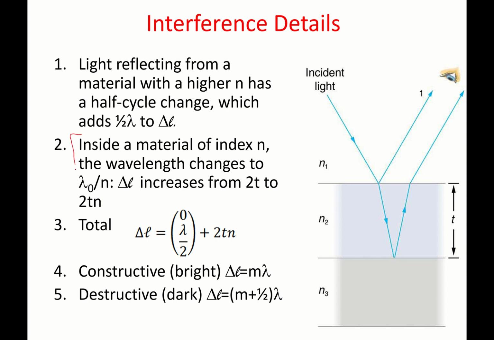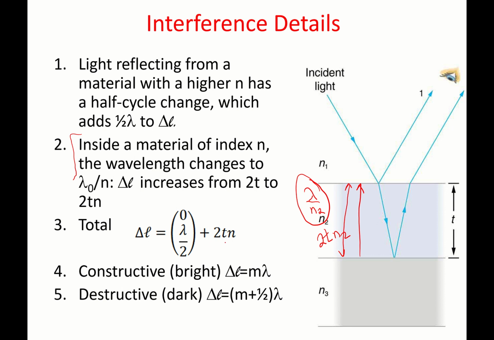Inside the material, not only does the wave travel a distance of 2t further, but it also has a different wavelength. The new wavelength goes to a smaller wavelength if it's a higher index of refraction. And so the effective path length is going to be different from 2t. It's actually going to be 2t times the index of refraction in the material.